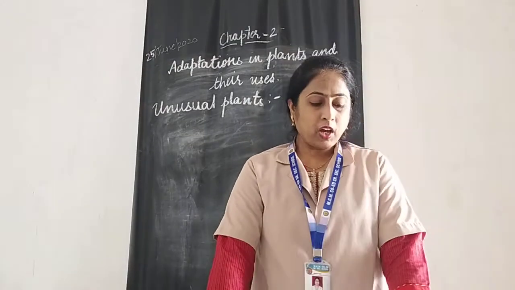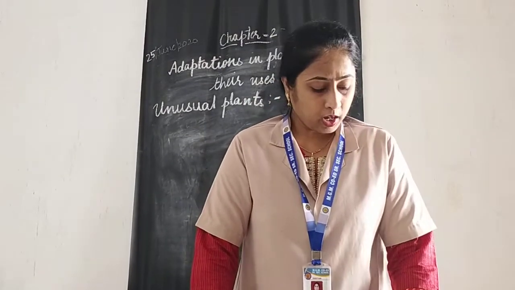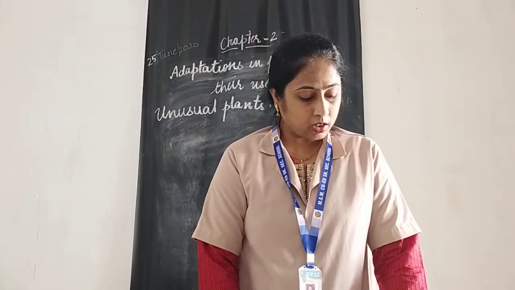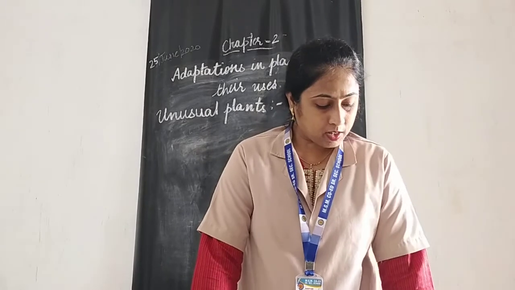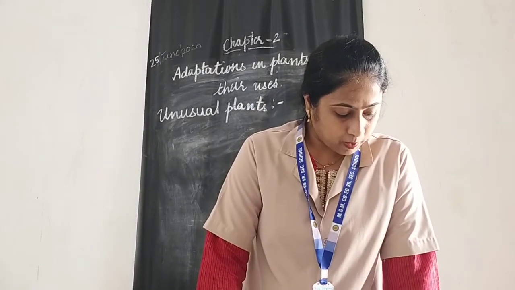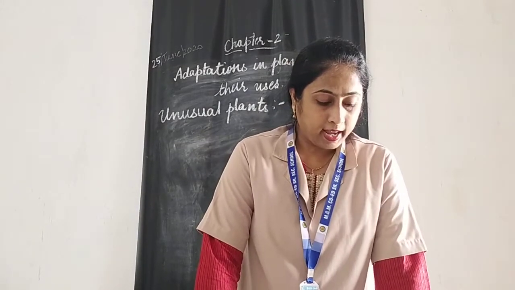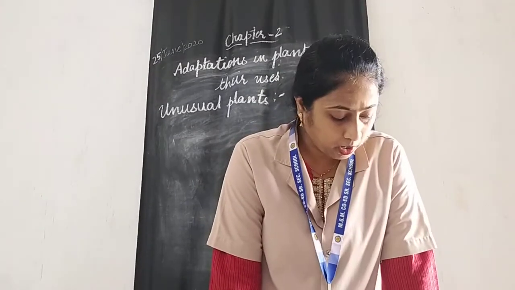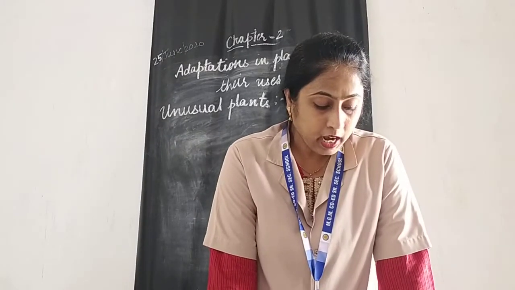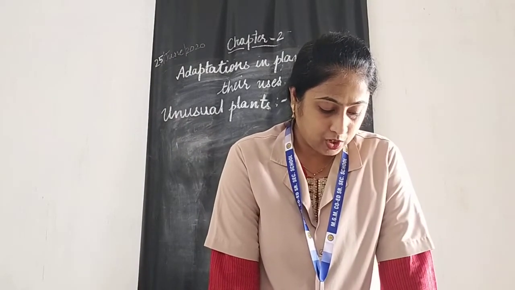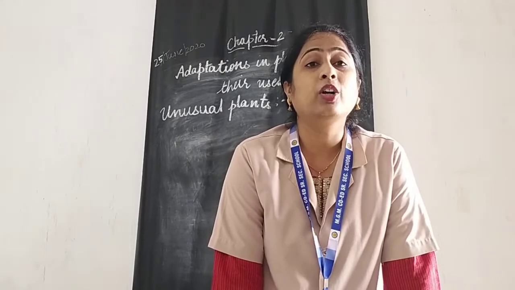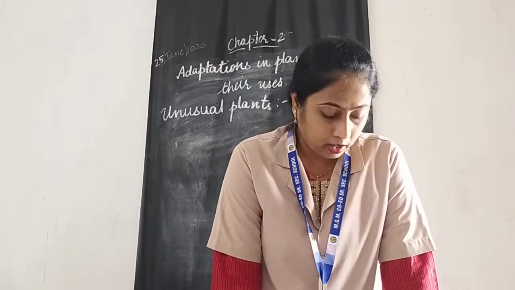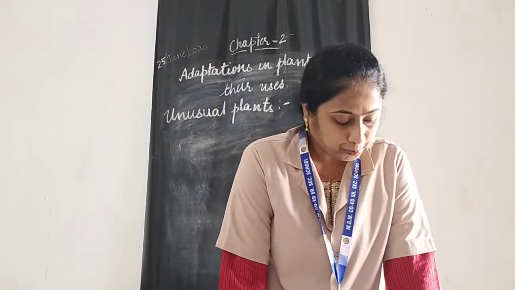So we have all seen a mango tree. If we compare the leaves and stem of both plants, mango and cactus, what type of leaves and stem do these plants have? Mango tree has a hard woody stem and this stem gives support to the plant. Cactus plant has a thick and fleshy stem and it stores water in it.